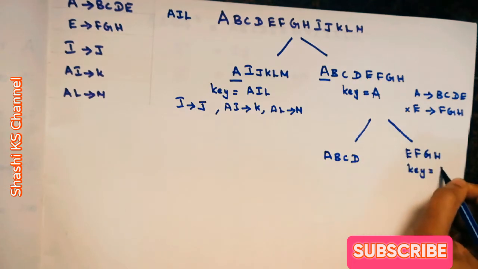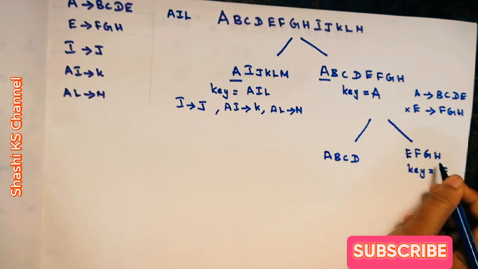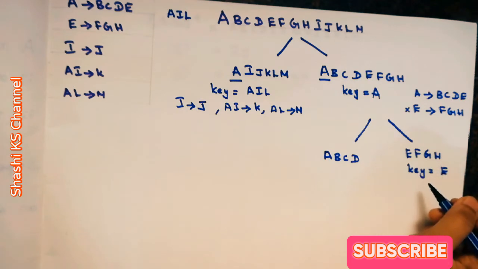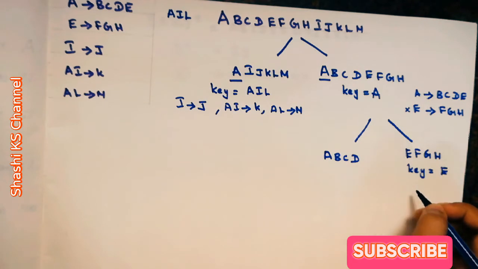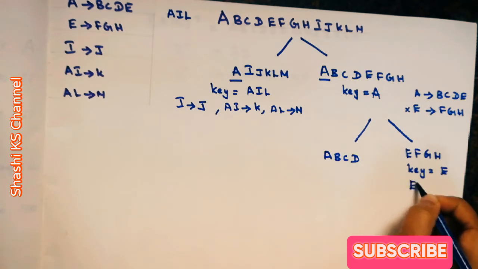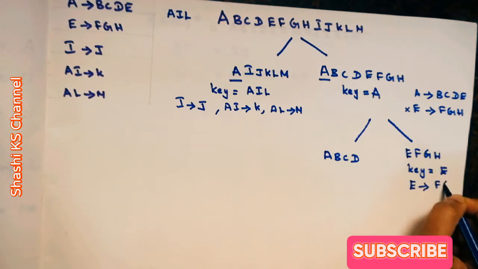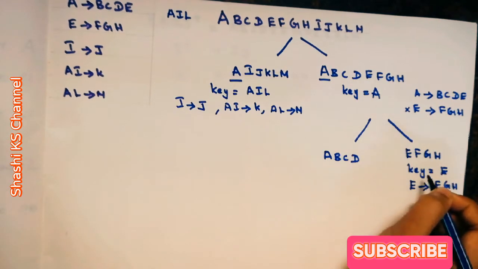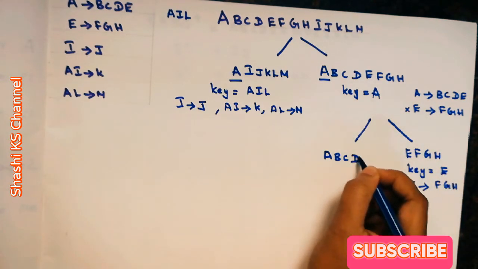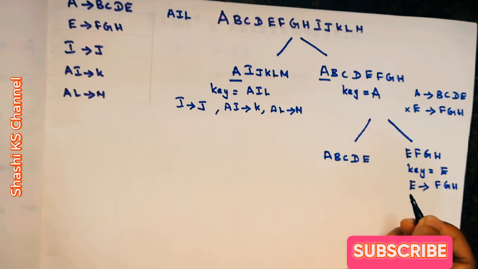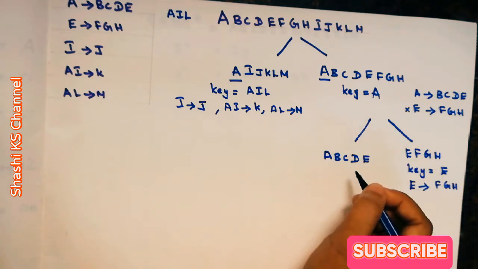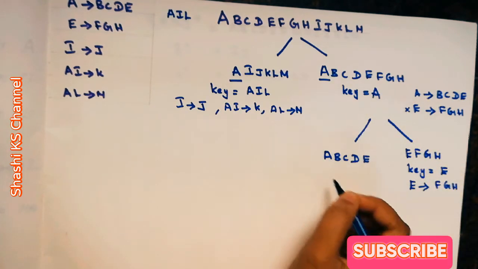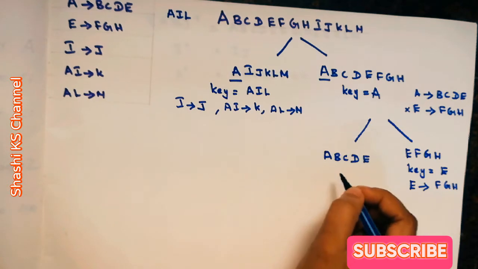The key here is E. With E, I can determine F, G and H, and the functional dependency projection here is E determines F, G, H. Since E is the key here, it should be included in the other relation also. So now we have decomposed this into two different relations, namely A, B, C, D, E and E, F, G, H. Now what is the functional dependency projection for this?